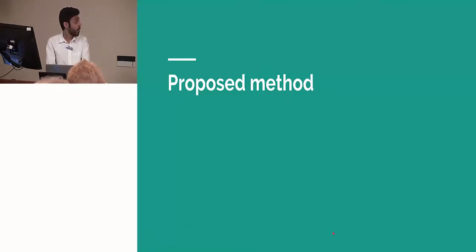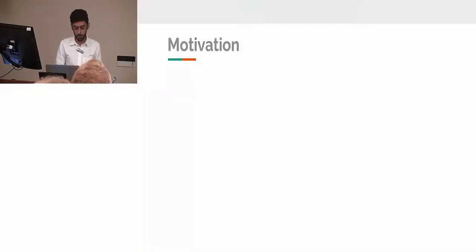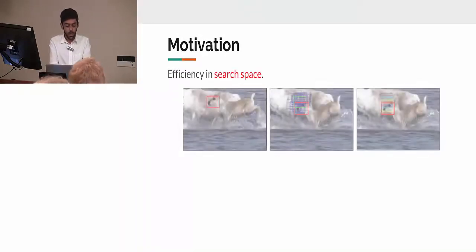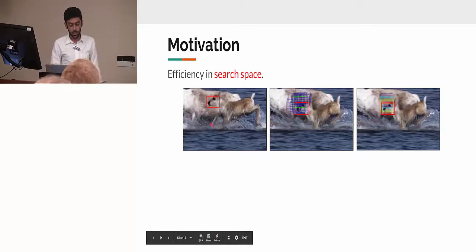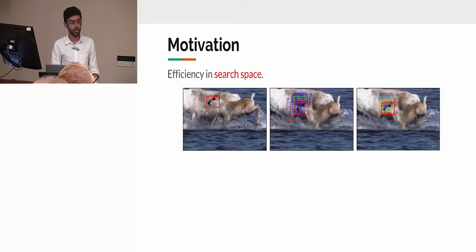Okay, now I will talk about the proposed method. I will first give a motivation about the current tracking problems and the motivation of this work, and then I'll talk about their work. The motivation in the tracking problem is that in current and traditional tracking problems, we assume that we have the object location at a frame and we want to find it in the next frame. The current workflows find some proposals around the object.